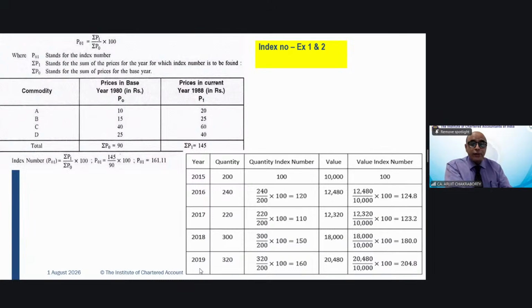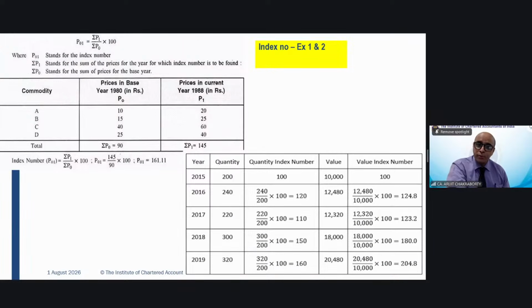Let us look at 2019. In 2019, the value is 20,480, but the value in the base year was 10,000. So we take 10,000 in the denominator and multiply by 100. So we are getting a value of 204.8. This is the value index number for 2019.